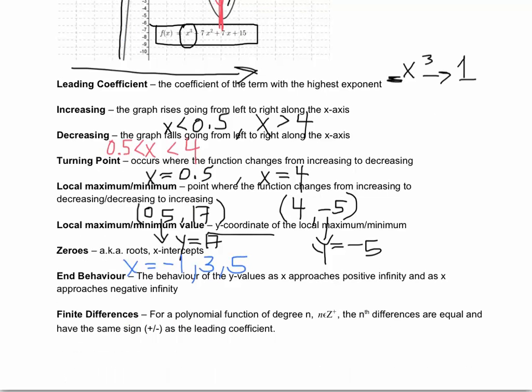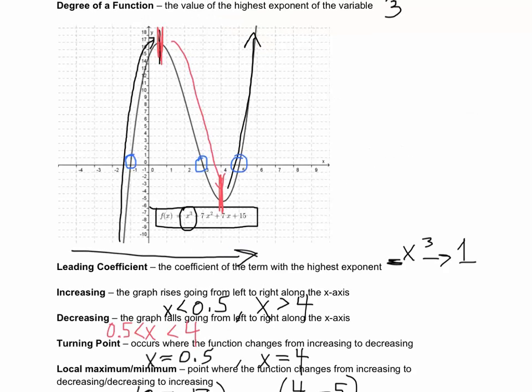End behavior is the behavior of the y values as x approaches positive infinity and as x approaches negative infinity. If we take a look at our graph, as x approaches positive infinity, our y values are also going to approach positive infinity. That is because as x is getting bigger, y is getting bigger.